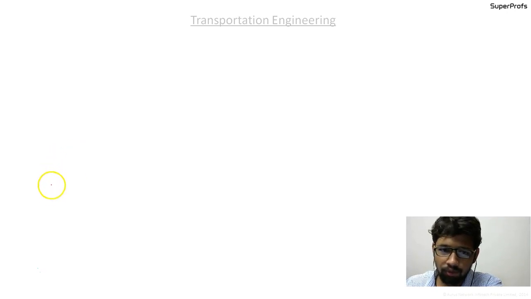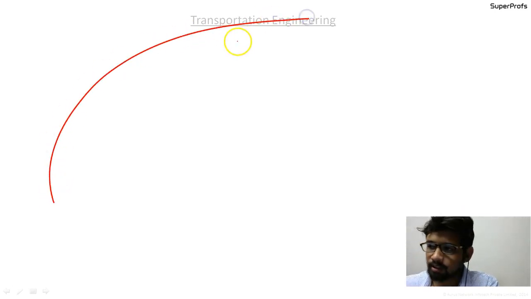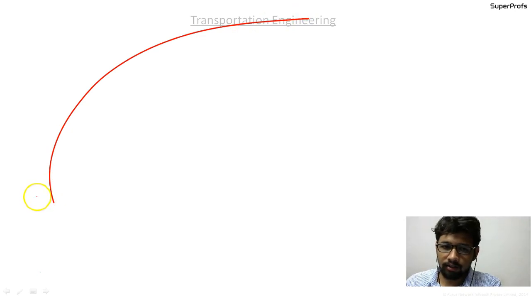Okay, so what exactly happens over here, suppose I doubt whether I will be able to draw a good diagram or not, but I'll make an attempt. Suppose this is a transition curve and this is the outer edge and this is the inner edge. Then if you go ahead, there will be slight super elevation provided.